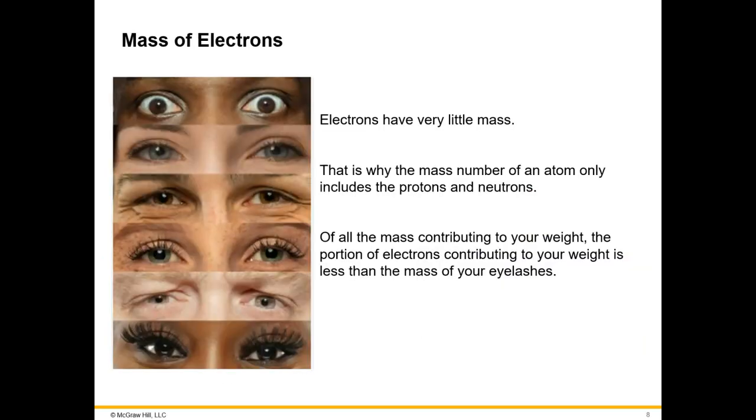You could think of it like this. Similarly, our electrons have very little mass, just like our eyelashes have very little mass. So if we compare how much of our mass is made up of our eyelashes, that's going to be about the equivalent to how much mass electrons contribute to the overall mass of an atom.